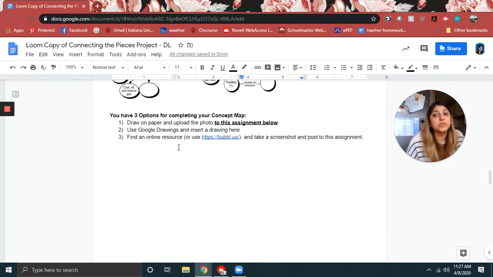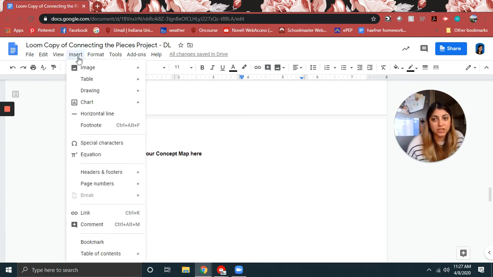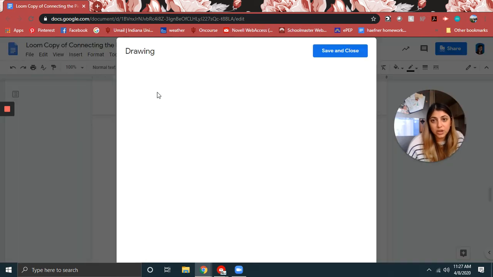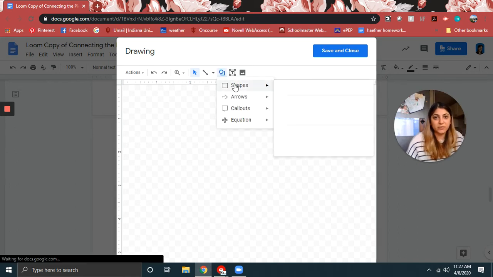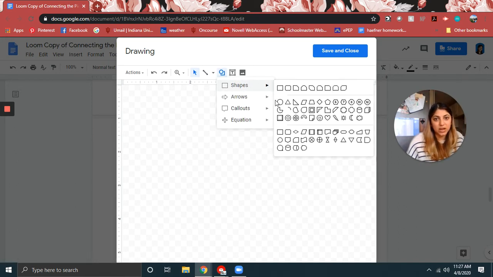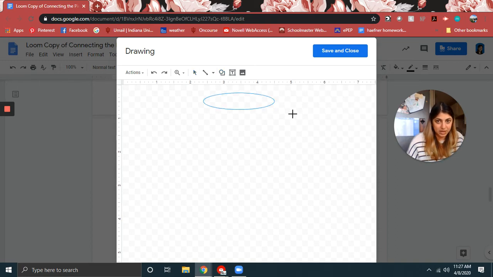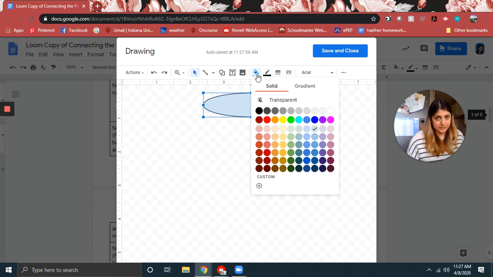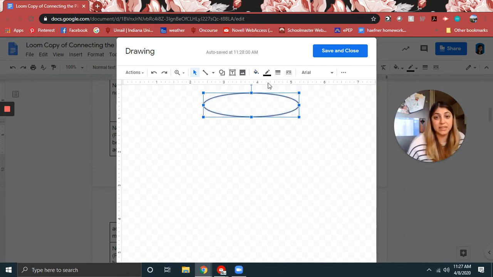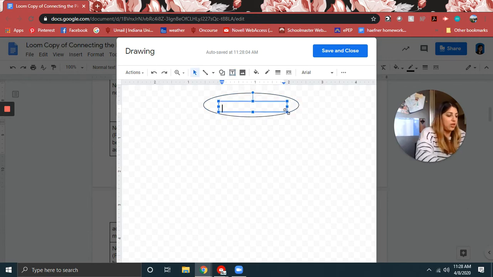You can also do a Google Drawing, where you would go to Insert, Drawing, New, and from there you have access to the different shapes. So if you want to do a circle, you can start at the top and leave this transparent, and then I would take my text bubble and start here with forces.